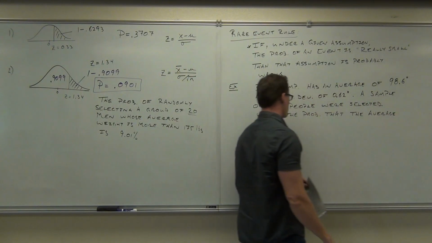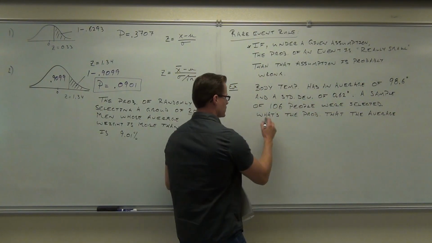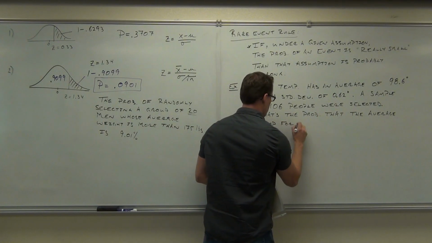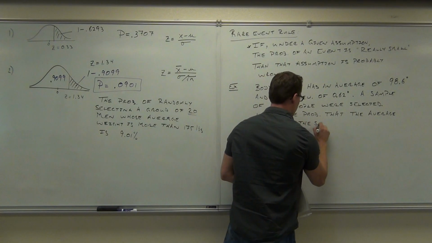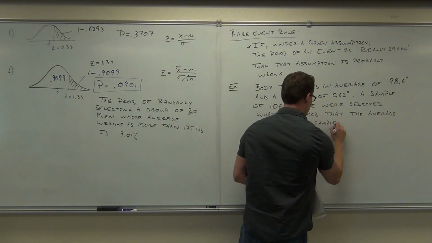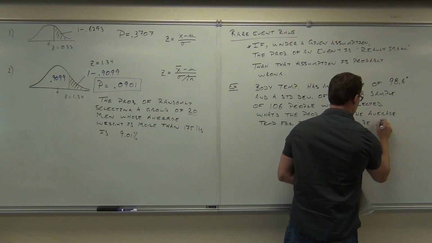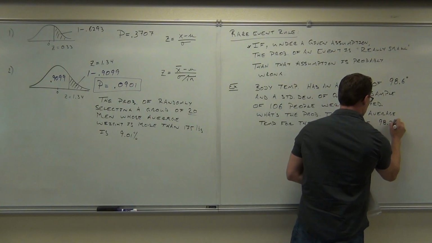So what's the probability that the average temperature for the sample will be 98.2 degrees or lower.